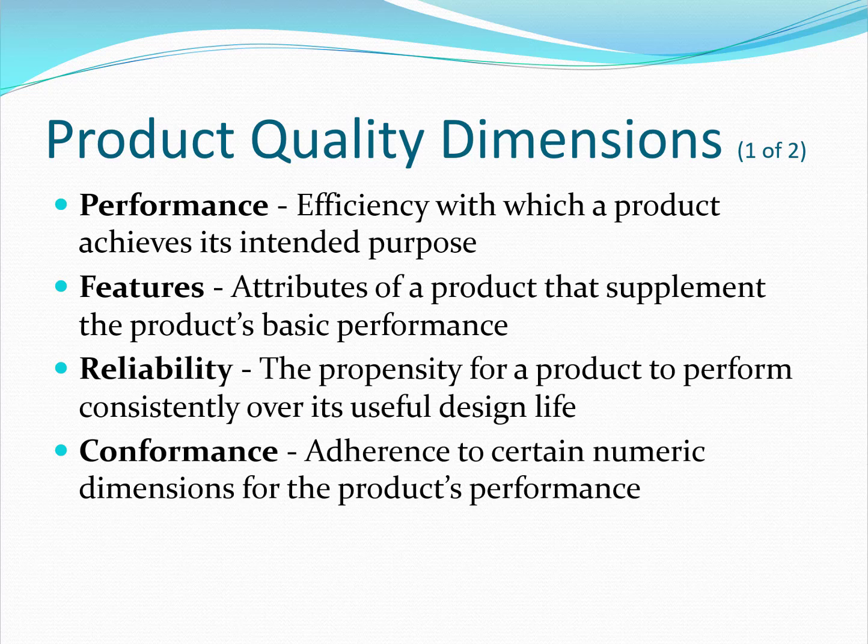So a product is considered reliable if the chance that it will fail during its design life is very low. For example, if a refrigerator has, let's say, a 2% chance of failure in its 10 years of lifetime, then we say that it's 98% reliable.